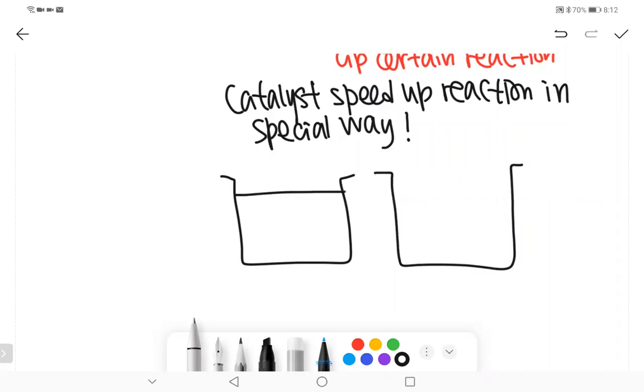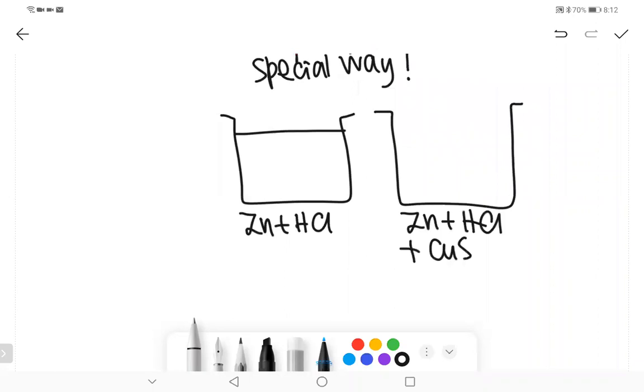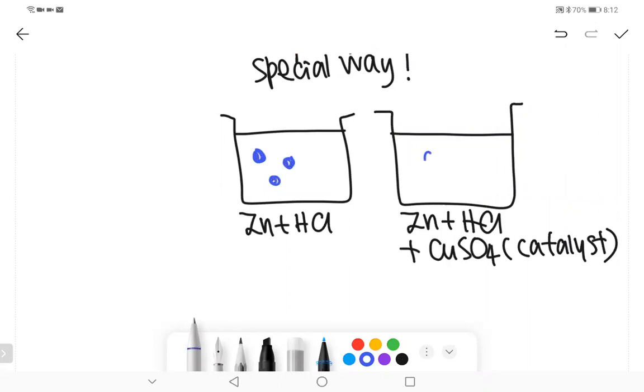The first is zinc plus hydrochloric acid. The second is zinc plus hydrochloric acid plus copper sulfate, which is the catalyst. On the left we don't have catalyst, on the right we have catalyst. Let's say zinc is the blue particle and hydrochloric acid is the red particle.